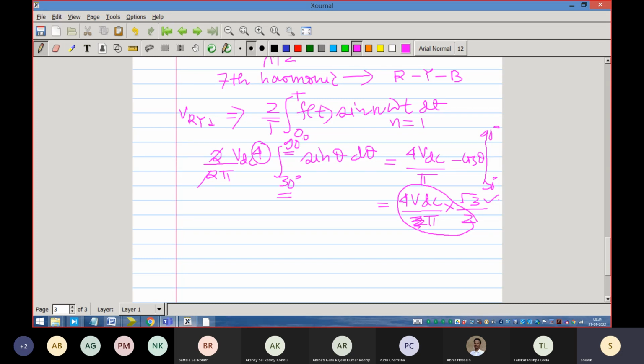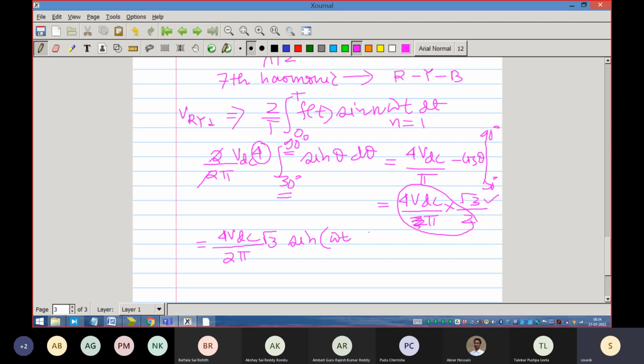But what is the shape of the waveform? This is the magnitude of it. So the shape we will write as the complete expression of the fundamental component of the line to line voltage. We will write it as 4 VDC by 2 pi into root 3 into sine of, tell me what should I write?